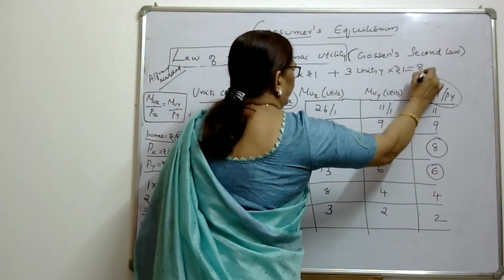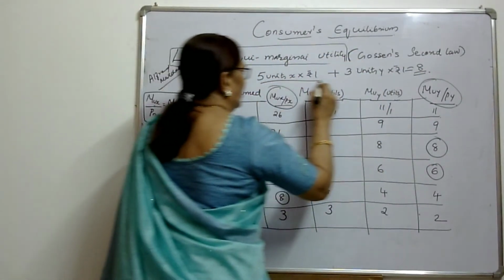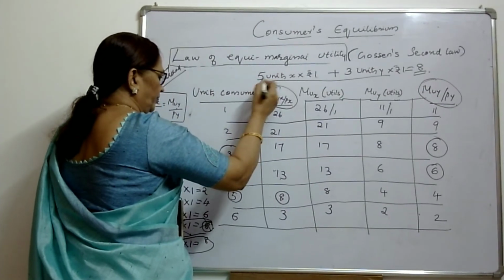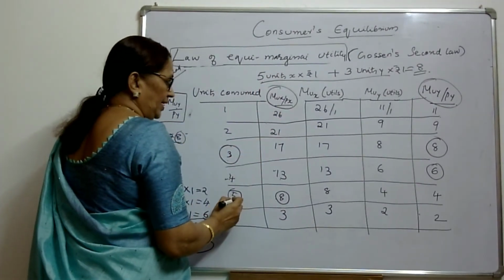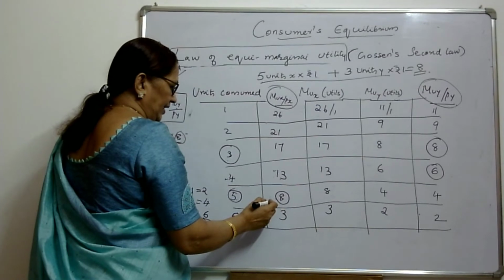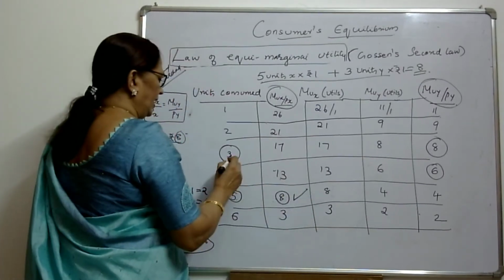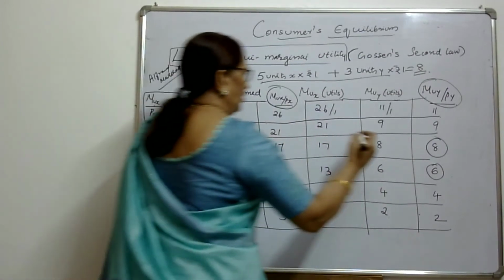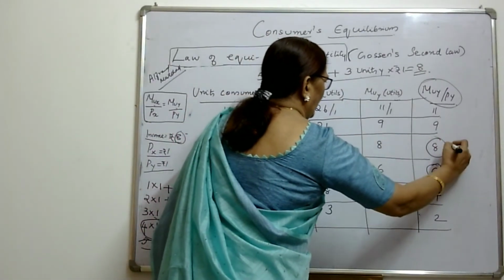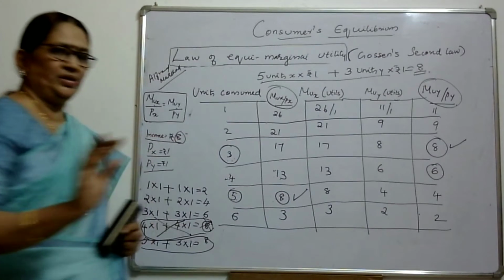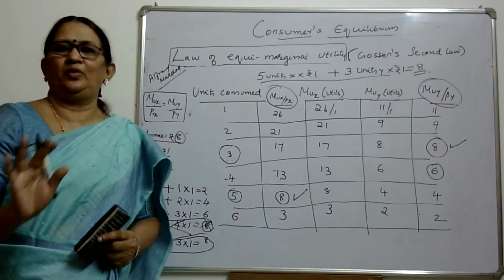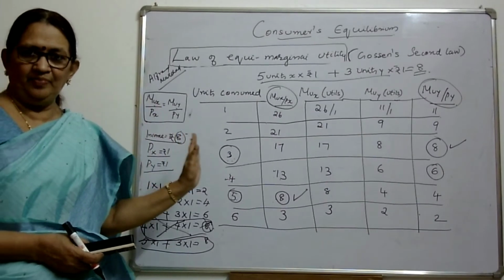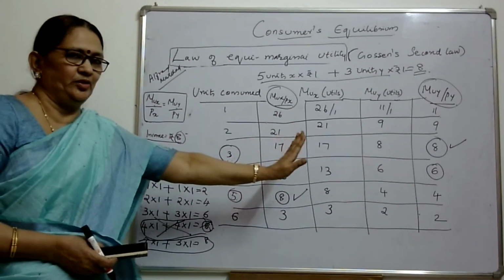his income, and also MUx by Px, at the fifth level, MUx by Px is 8, and when he consumes 3 units of Y, MUy by Py is also 8. All the conditions are fulfilled here. What are they? He has limited income, he is spending the entire income, 8 rupees.